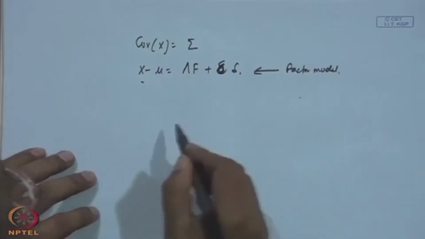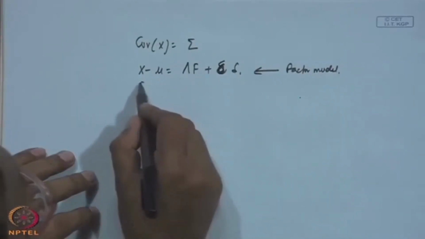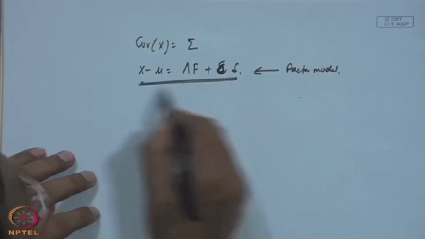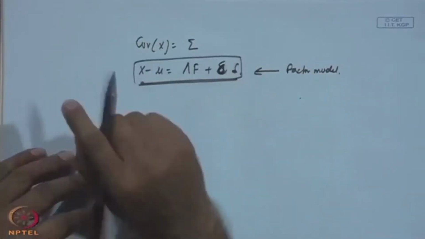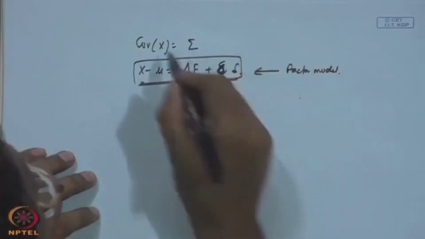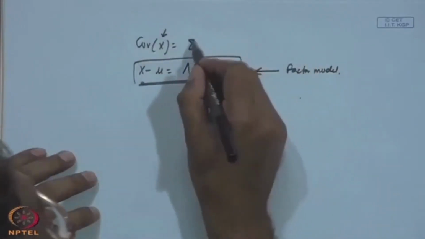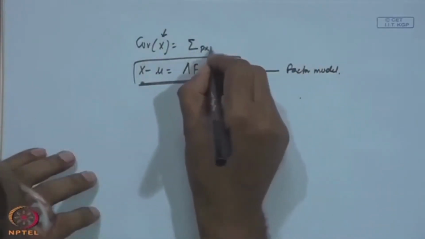I want to know what is the variability you are able to explain using this model. Whose variability? Variability of x. What is that? That is the covariance of x, p cross p.